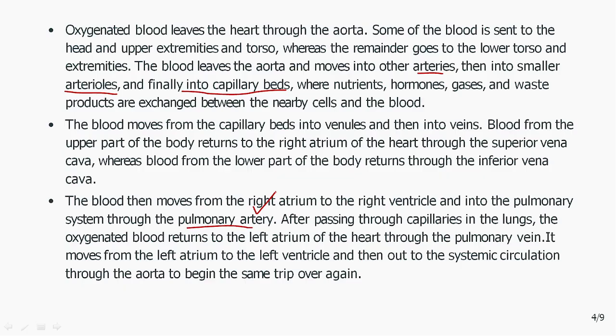After passing through the capillaries in the lungs, the oxygenated blood returns to the left atrium of the heart through the pulmonary vein. This is the only vein which contains oxygenated blood. It moves from the left atrium to the left ventricle and then out to the systemic circulation through the aorta to begin the same trip over and over again. So every time it completes one cycle.